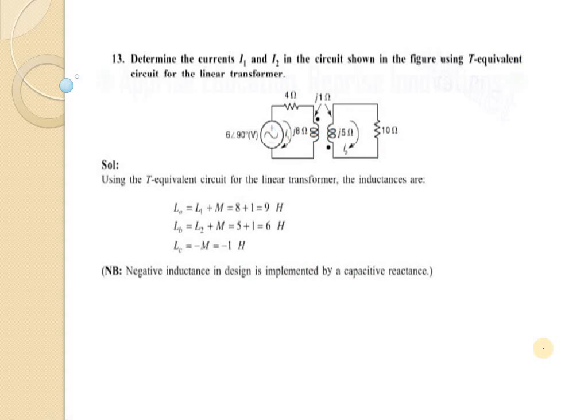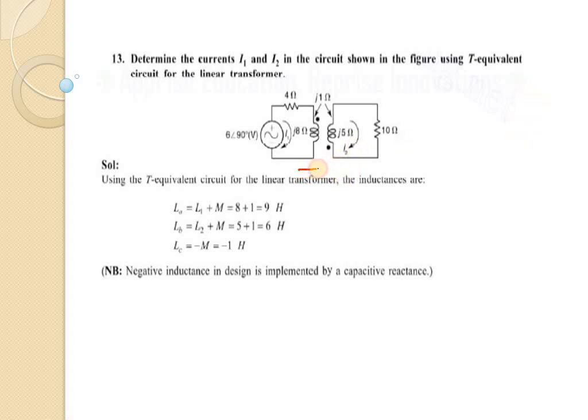So let us consider the first problem. Determine the currents I1 and I2 in the circuit shown in the figure using the T-equivalent circuit for the linear transformer. Basically, the structure is similar to a linear transformer.